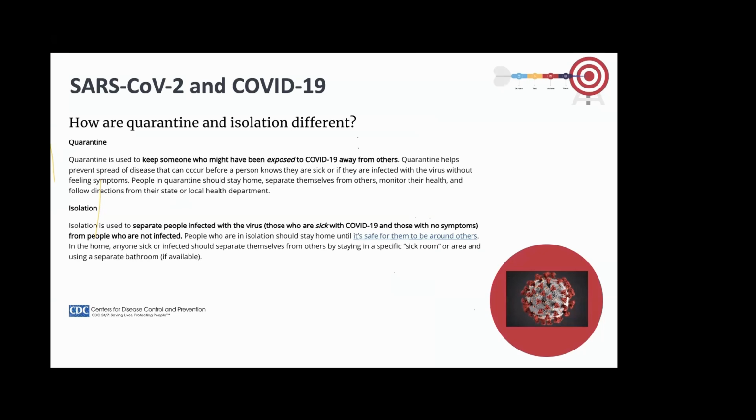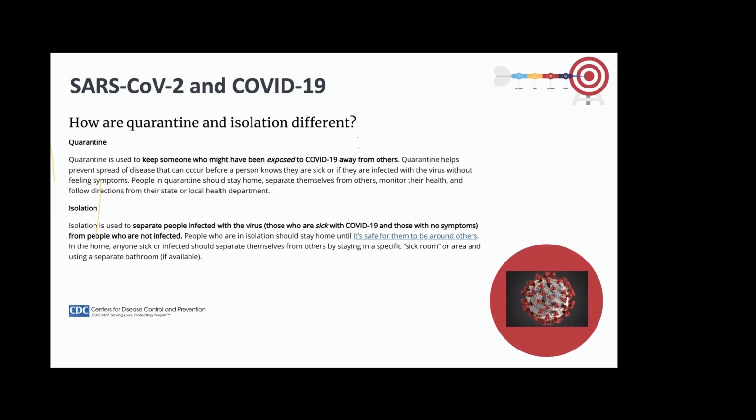As a general practitioner, as a family physician, you need to advise people about quarantine and isolation. So what is quarantine? Quarantine is used by the preventive medicine department and public health to keep someone who might have been exposed to COVID-19 away from others.